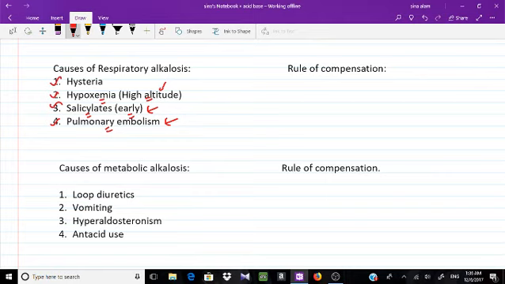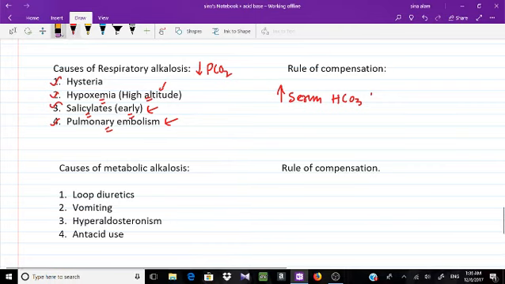Respiratory alkalosis, there will be increase. When there is respiratory alkalosis, you can guess that there is a decrease in PCO2. So the compensation will be an increase in serum bicarbonate, and by 1 milliequivalent per liter. Okay, I'm sorry. There will be a decrease in serum bicarbonate. Look, I'm confusing it. So when there is decrease in PCO2, you want to decrease the bicarbonate also to bring in an opposite change.